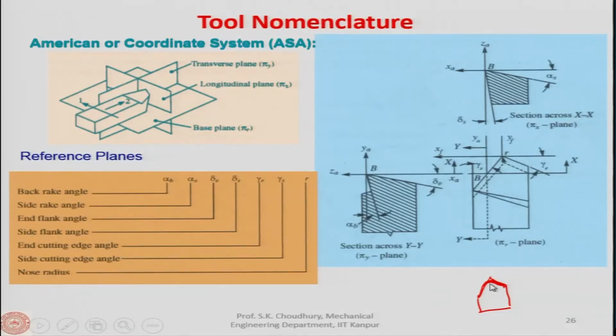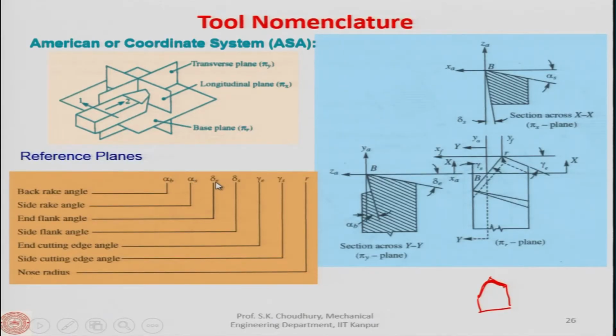All right. So, overall there is a nose radius given, and the value of the nose radius can be different, and that nose radius is also mentioned in this nomenclature as one of the parameters. So, 6 angles and the nose radius. So, these are the 7 parameters which are mentioned in a certain sequence.